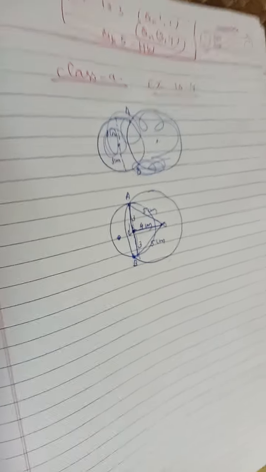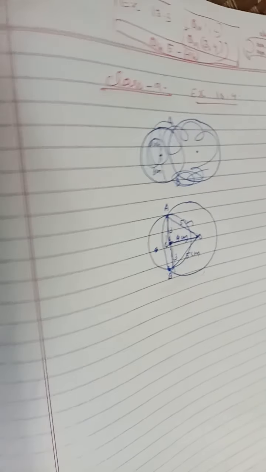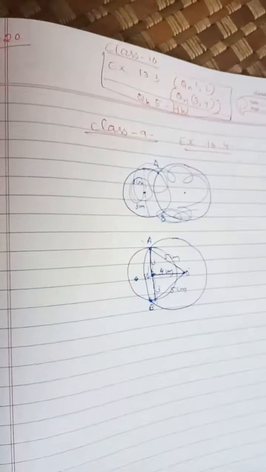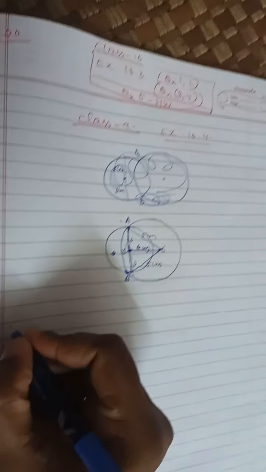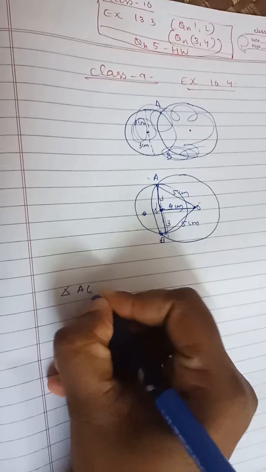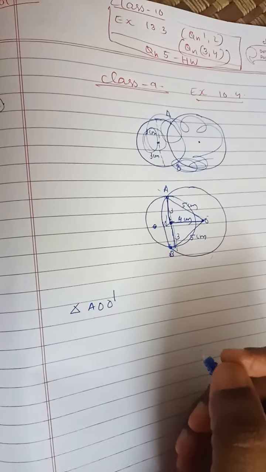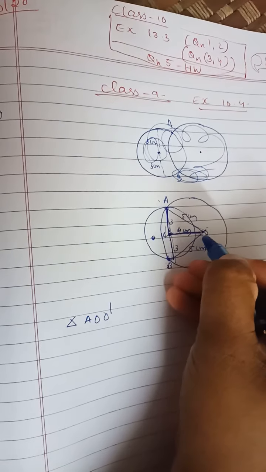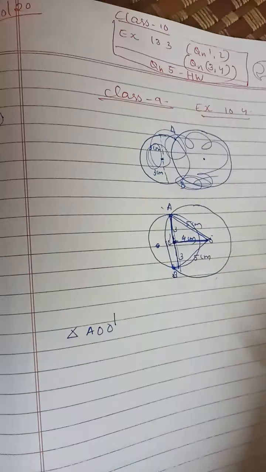How can we calculate? First of all, I am naming the circles. Here it is A, O, here it is O dash, here it is B. So I am taking the triangle A, O, O dash. In triangle A, O, O dash, this is the triangle. We can apply the Pythagoras theorem, correct?